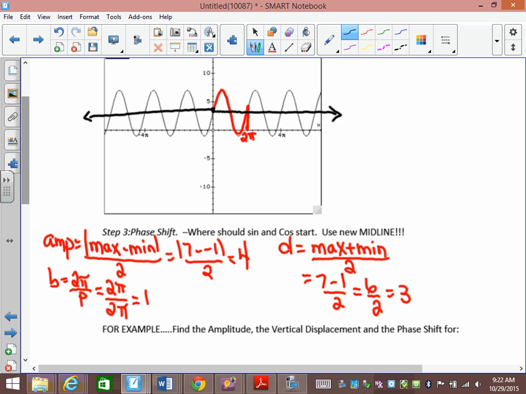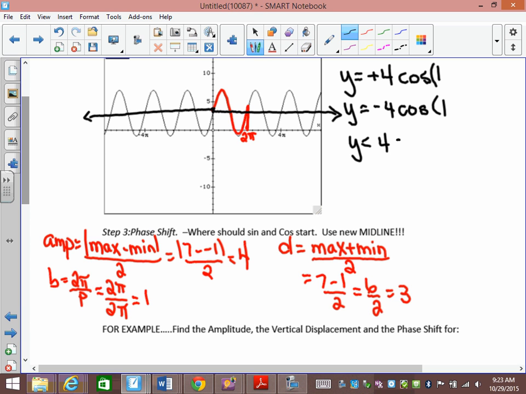So I know I'm right with my midline. Then I can get my shift. So my cos is going to be, my A value is 4 this time. So I'm going to either have +4 or -4 cos. My B value is 1, so I can either put a 1 here or not. It doesn't matter. It's going to do nothing. If I want to do sines, it's going to be +4 sine, and 1, the B value is 1, or -4 sine 1.